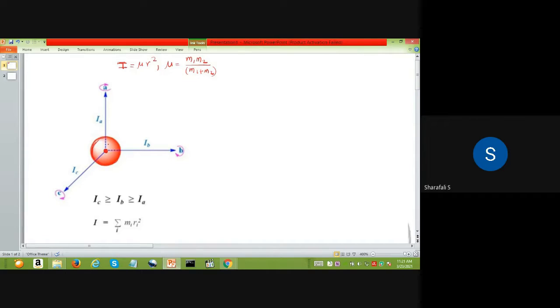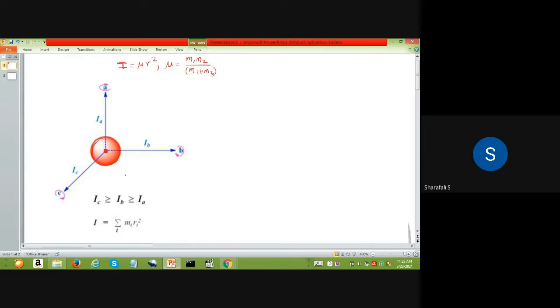So if you consider any molecule like this, because of the rotation, the moment of inertia will be different along the A axis, along B, and along C. If you consider these moments of inertia as IA, IB, and IC, then they will be different for different molecules.